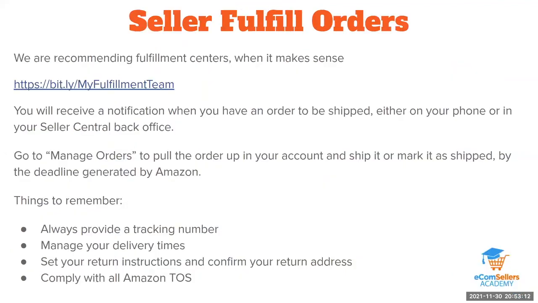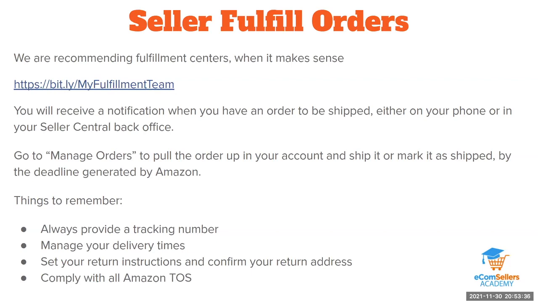So when you're seller fulfilling orders, again, I've talked a lot about prep centers and using a prep center. If you have an Amazon account and you're an Amazon seller, then you're going to log into your back office and go to manage orders. From there, you're going to pull up that order and mark it as shipped before the deadline that Amazon says, so you don't get in trouble.